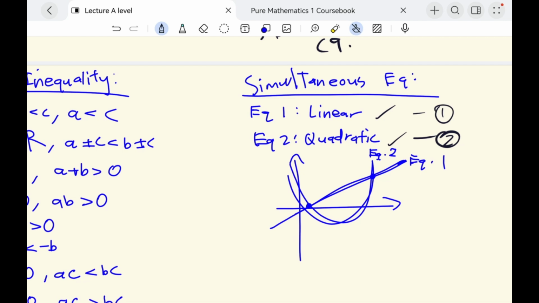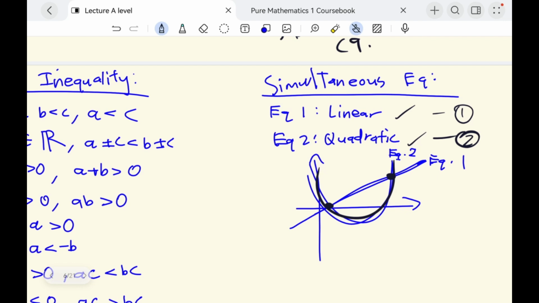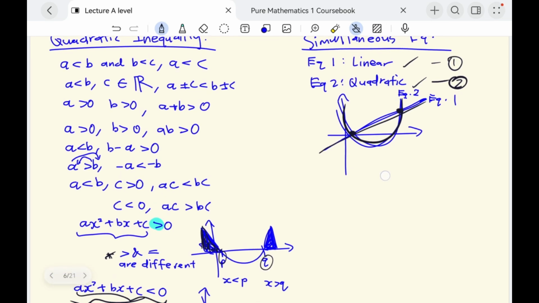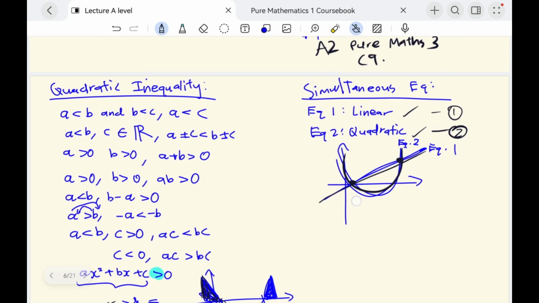Eliminate any term and then you solve. You must get a quadratic equation and then you factorize or complete the square, and solve for any variable. Then you should have the two solutions, two intersections of this linear line with the quadratic graph. So I have ended my discussion of this chapter 1 quadratic.